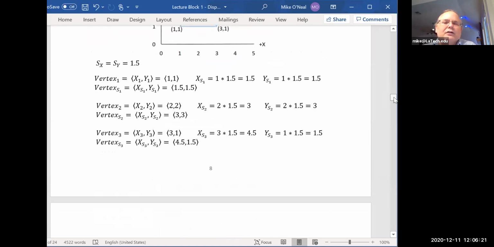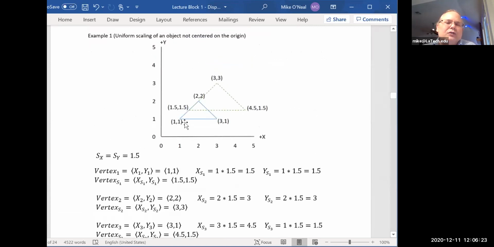So here's our same little triangle, (1, 1), (2, 2), (3, 1), and we apply a scale factor of 1.5. We're not going to double it in size, we're going to increase its size by 50%. And if you look at the blue and the green, it's about 1.5 times along each dimension bigger than the original. In fact, it's exactly 1.5.